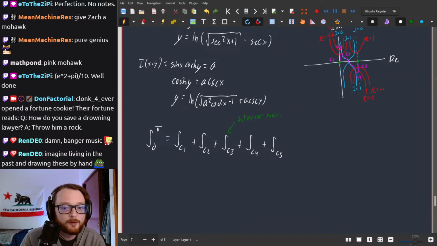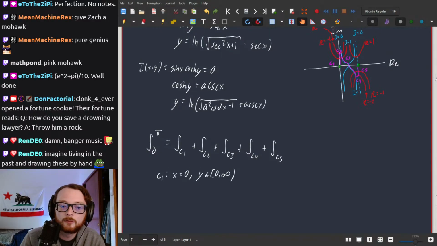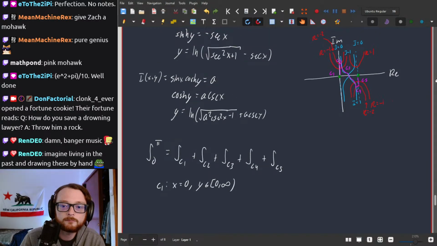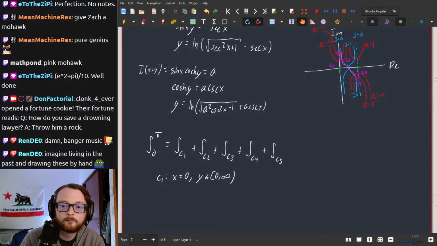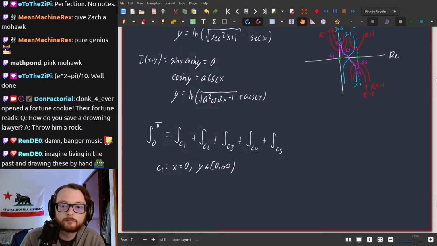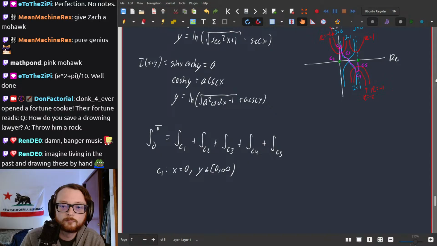So what's happening on C1? Actually, we'll write that bit separately. On C1, x equals 0. Y goes from 0 to infinity. Do we need to name these points?